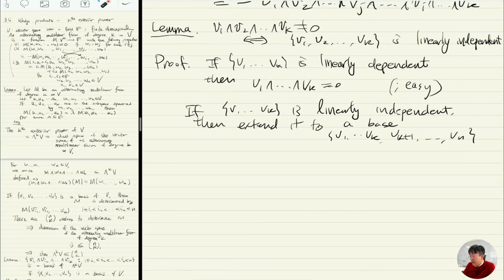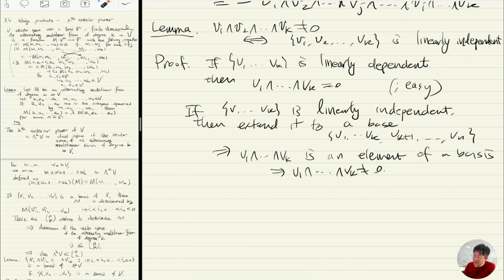Once you expand it, then this is an element of the basis, so it's non-zero. Obviously it's non-zero. Another way of saying it's non-zero is to evaluate it with this alternating multilinear form, where this is defined from V.